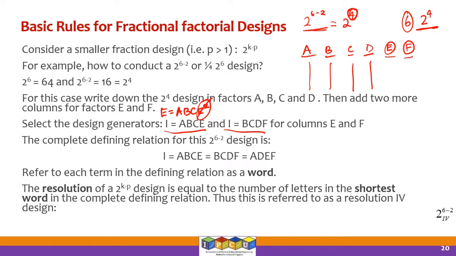So what you do, to get the entry for E for the first experiment, is take the first element of A, which could be minus or plus. You take the first element of B, which could be minus or plus.